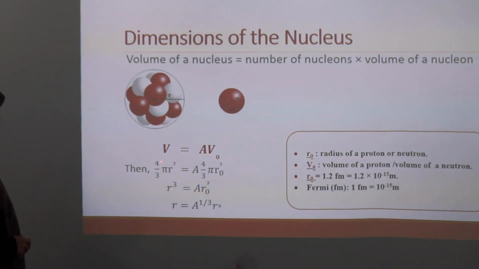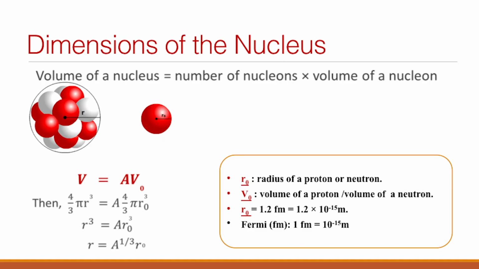So you can cancel 4/3 and pi, and you get r cubed equals A r0 cubed. So this implies that r equals A to the power 1/3 times r0, where r0 is the radius of each proton and neutron, and V0 is the volume of a proton or neutron. r0 equals 1.2 Fermi. It is constant since the volume of a proton and the volume of a neutron are constant. So it is equal to 1.2 Fermi. Fermi is a unit where 1 Fermi equals 1 times 10 to the power minus 15 meter.